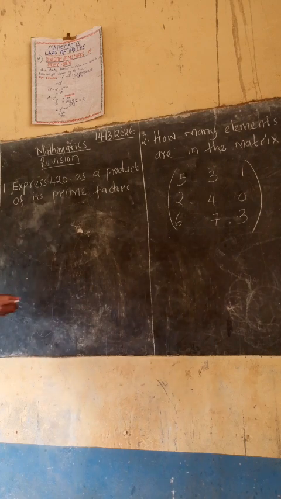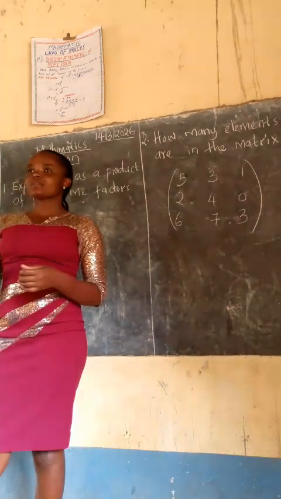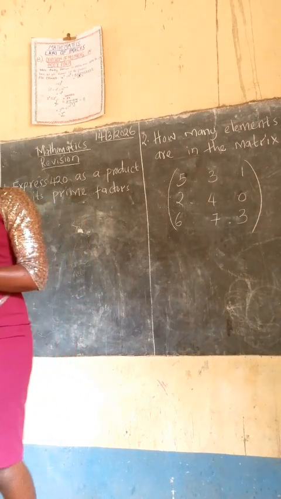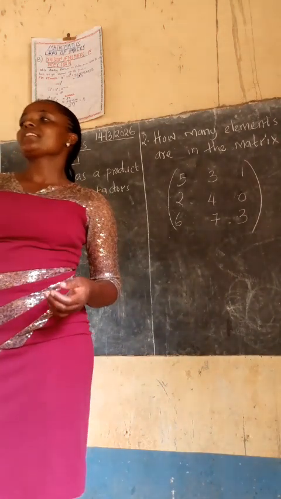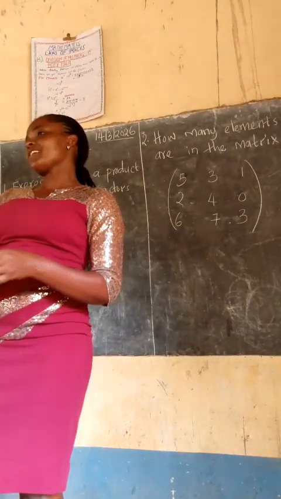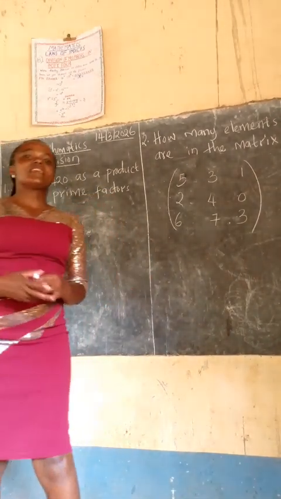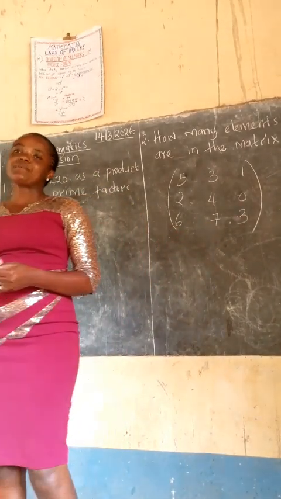Can you give us some examples of prime numbers? Beatrice? 3. Mutanu? 2. Christine? 5. 7. They are so many. Among those numbers, we've heard of an even number which is a prime number.